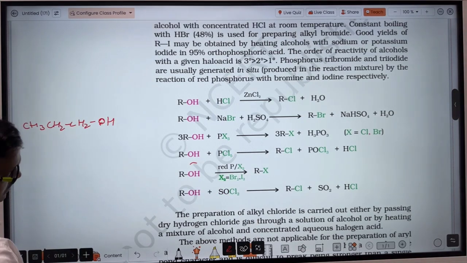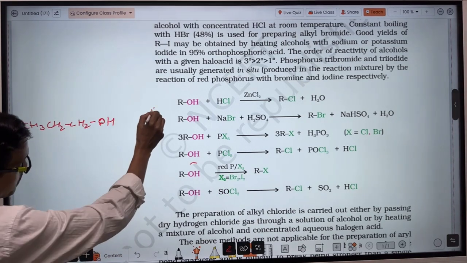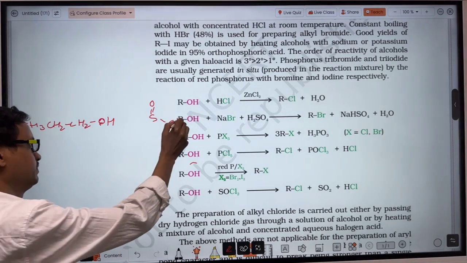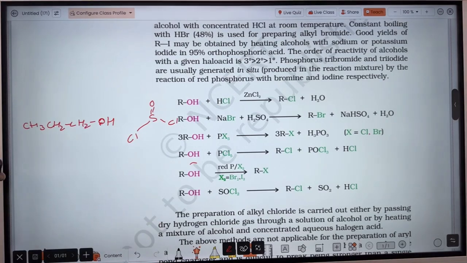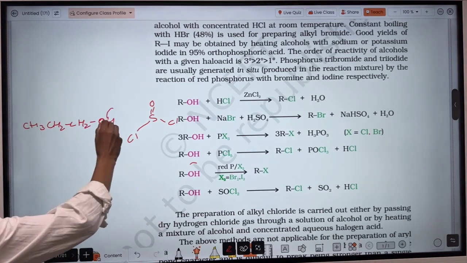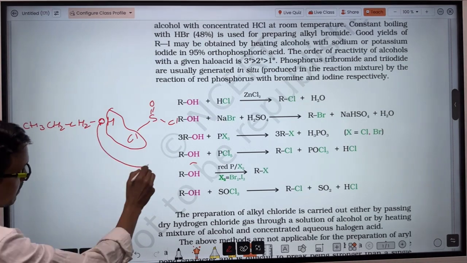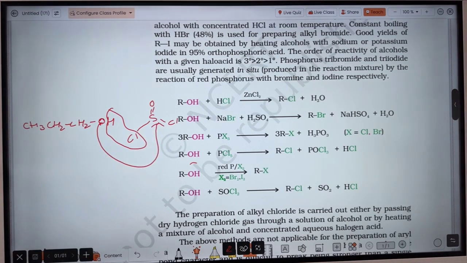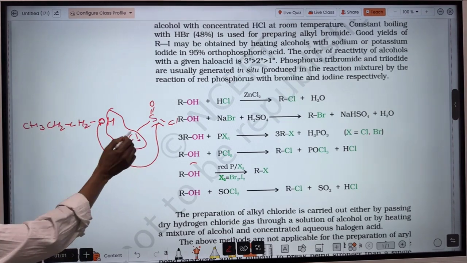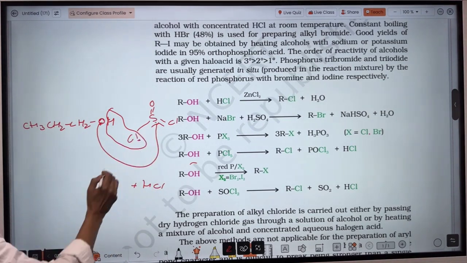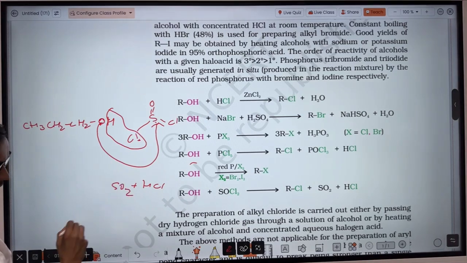This is alcohol that reacts with SOCl2. One oxygen will be doubly bonded with the sulfur, and the two chlorine atoms will be singly bonded here. The hydrogen of this alcohol will combine with chlorine to form HCl. The oxygen atom will combine to this sulfur, so that becomes SO2.